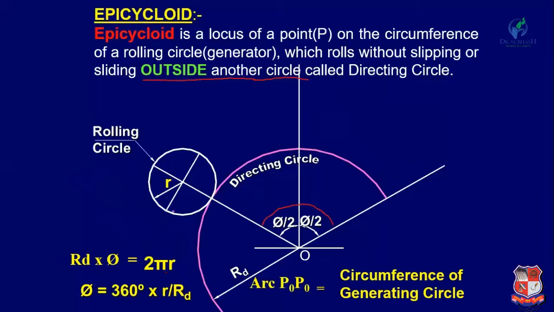Small r is the radius of the rolling circle and capital RD is the radius of the directing circle. In this way, you can find this angle phi. After one complete revolution, the angular displacement of this circle is phi. P0 is the initial point here.